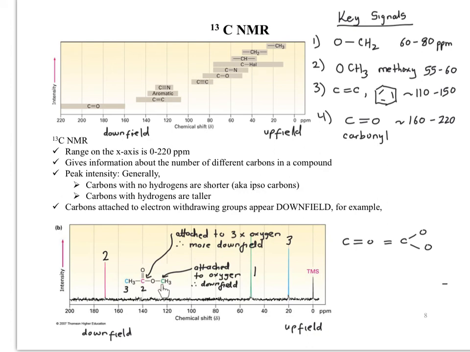So again, because this is attached to an electron withdrawing group, it's going to be more downfield. And then this is not attached directly to an electron withdrawing group, so it's going to be upfield. So you can see that this, like I said, is similar to this one here. So that's a methoxy, and we said a methoxy is usually between 55 and 60. So you can see it's between 55 here and 60.